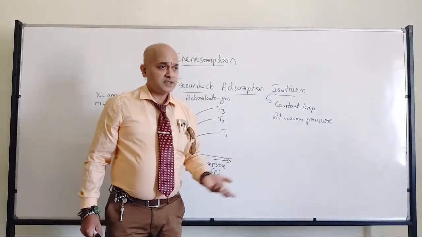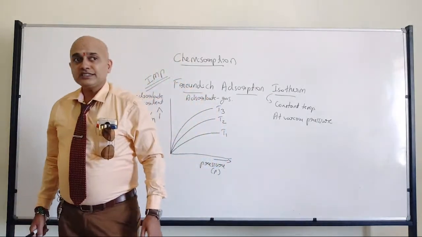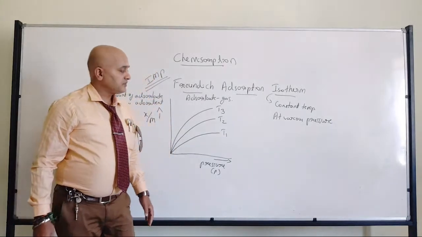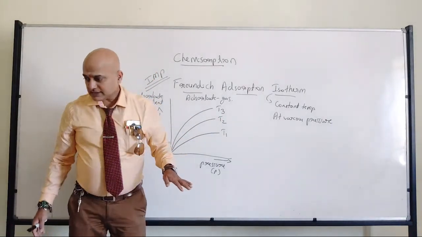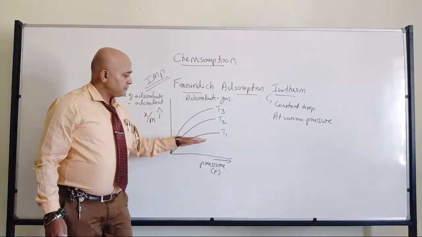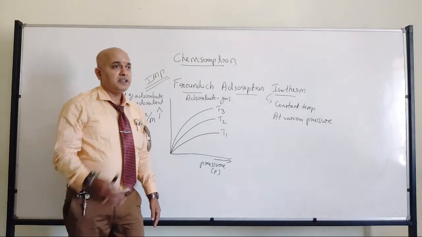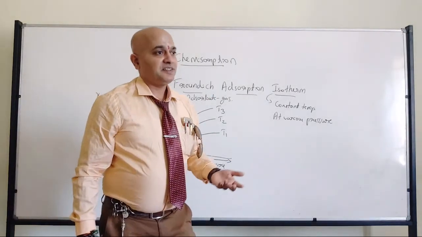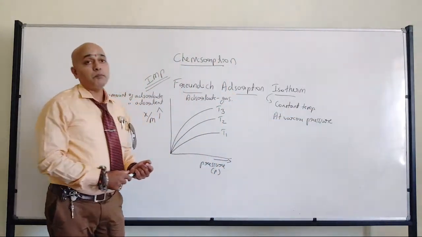Okay, decrease in physisorption, fine, but my question is not that. To be simple, there are three temperatures with different values. Now, what is T1? T1 is more. Many people are writing T1 is more.